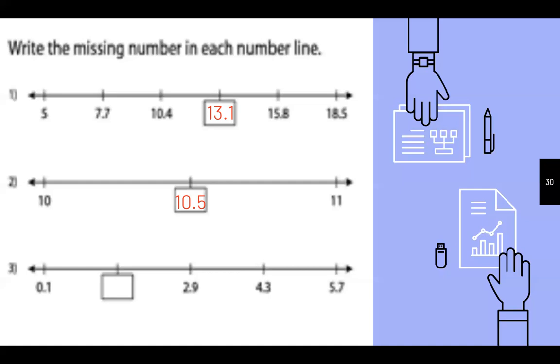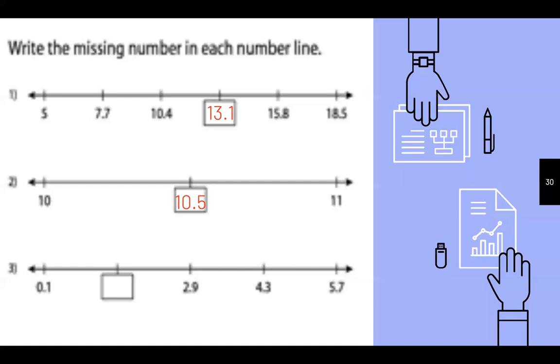And for the final one, again, I'll give you the hint. That's obviously addition. How do we get from 0.1 to blank to 2.9 to 4.3 to 5.7? Well, let's just subtract 2.9 from 4.3 and get 1.4. How did I get that 1.4?